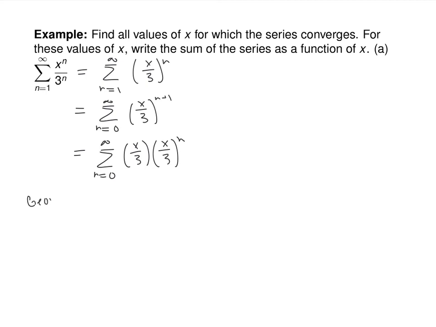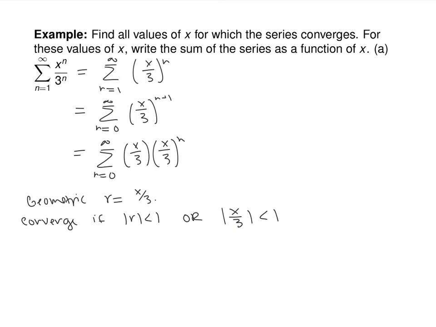Now this is a geometric series, and r is equal to x over 3. This will converge if the absolute value of r is less than 1, or specifically, the absolute value of x over 3 is less than 1.